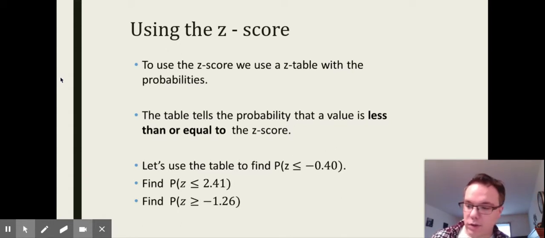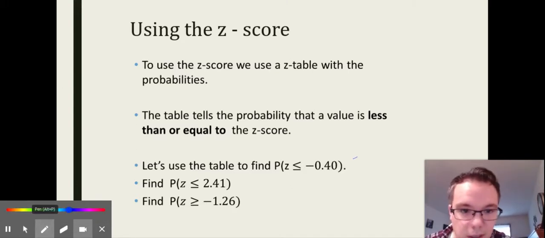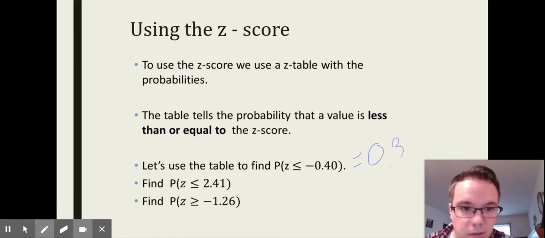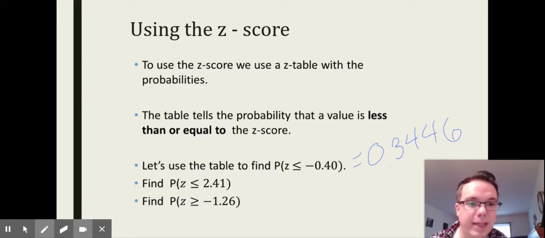And then we're going to go over to 0.00 on the x-axis. And if we do that, it will give us the number 0.3446. And remember that that number actually represents the probability that you are less than or equal to a z-score.